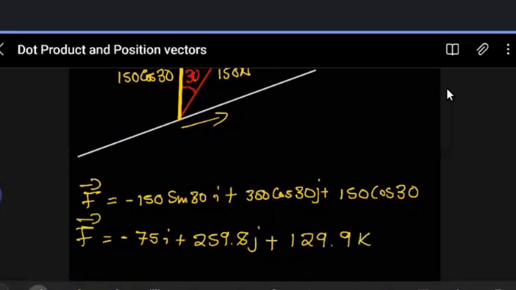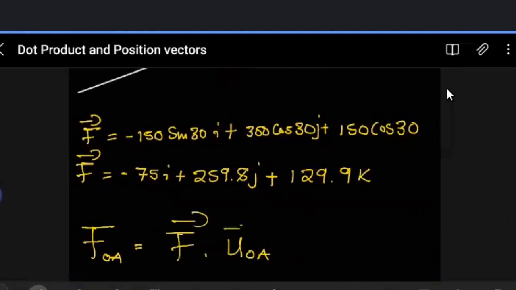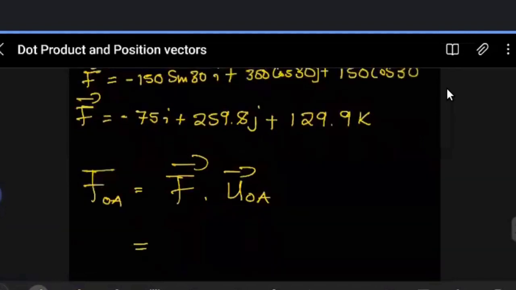So to get now the projection of F along OA will be equal to F dot the unit vector along OA. So we know how it goes. The force F, we've just found it.